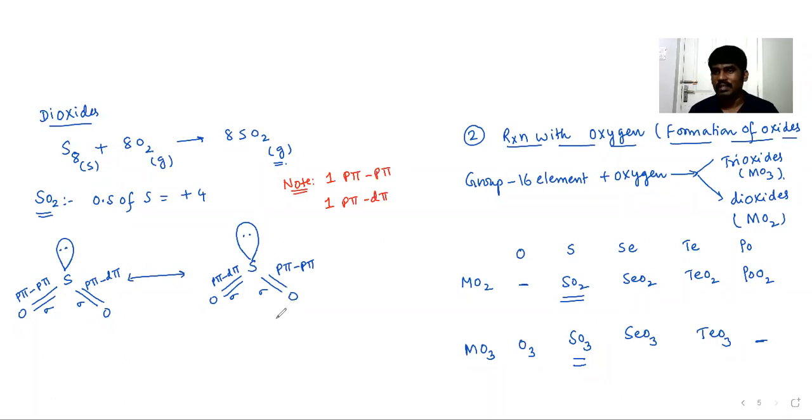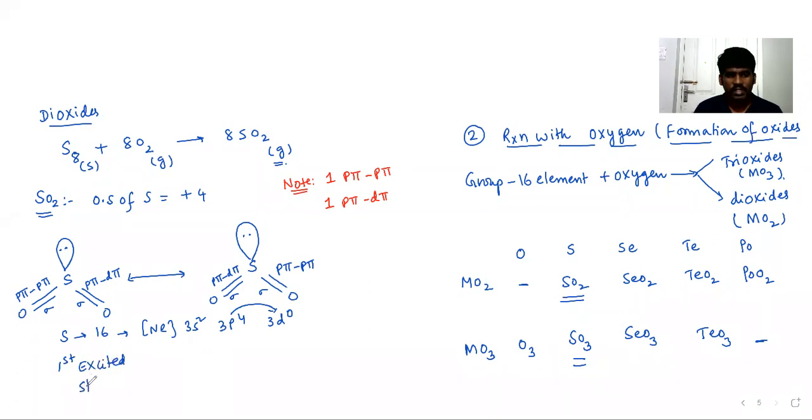Now someone might ask me, sir, how this p pi or p pi d pi bond can be formed? I am taking Chetan as an example for anyone, generally I am telling you. Observe it carefully. Sulfur, atomic number 16, neon 3s2, 3p4. 3d is 0. One electron, if it is promoted to 3d, then it becomes first excited state configuration.